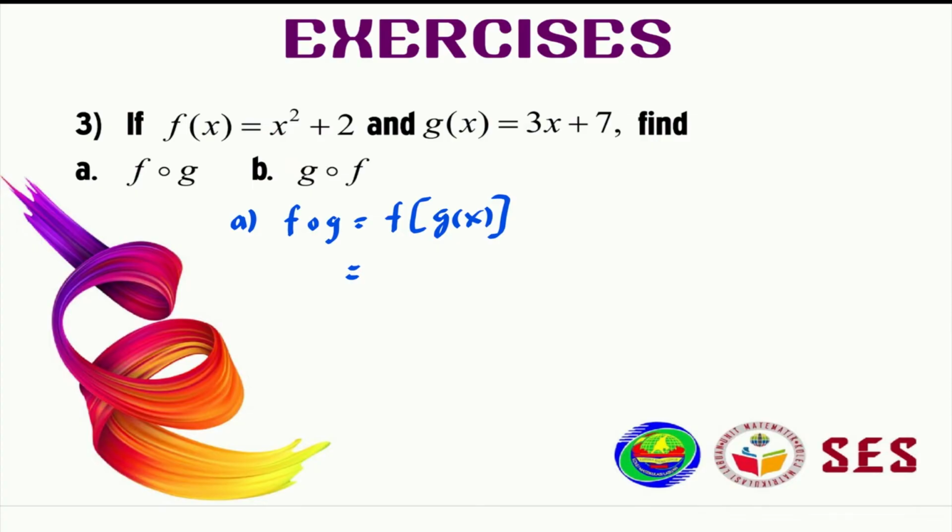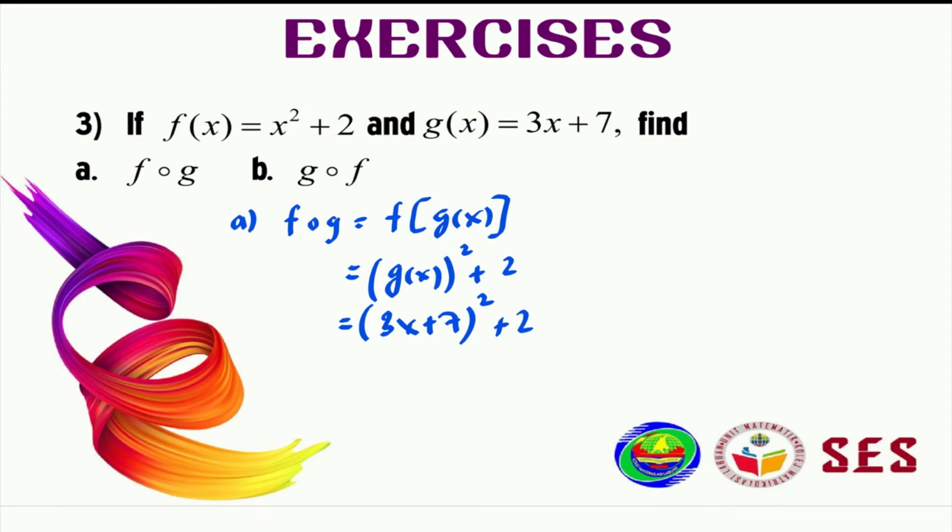Alright, so it will be g(x) squared plus 2, and our g(x) is (3x + 7) squared plus 2.